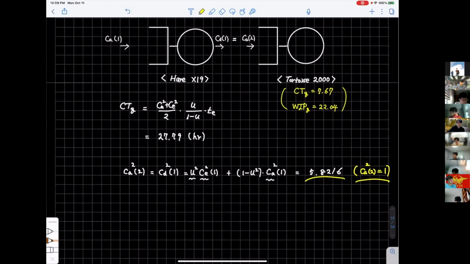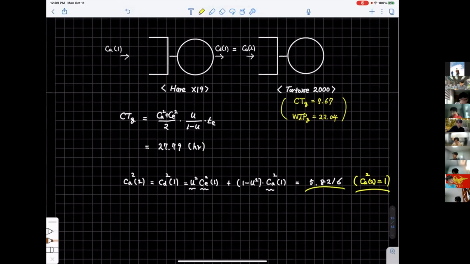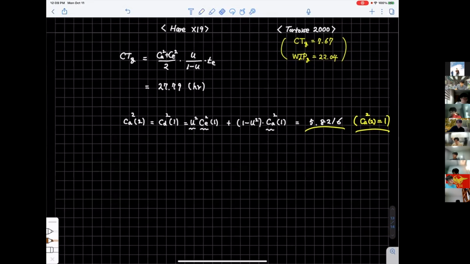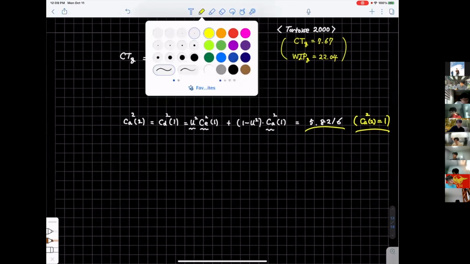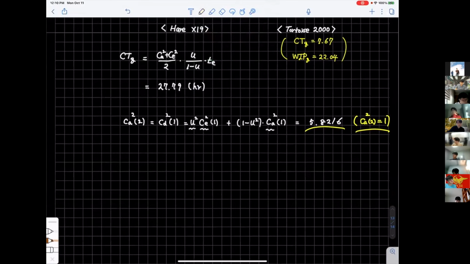So now, if we are going to calculate the changed performance measures of Tortoise 2000, we cannot use the performance measure formula from the MM1 model. Instead, we have to use the second moment approximation, that is the Ctq VUT formula.